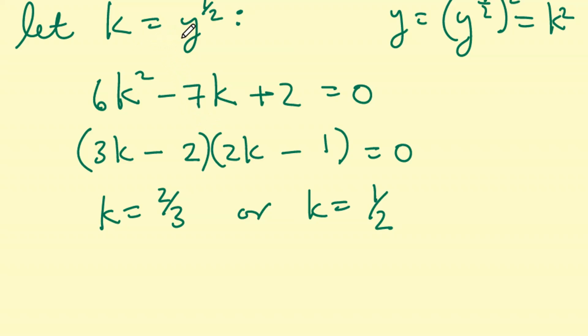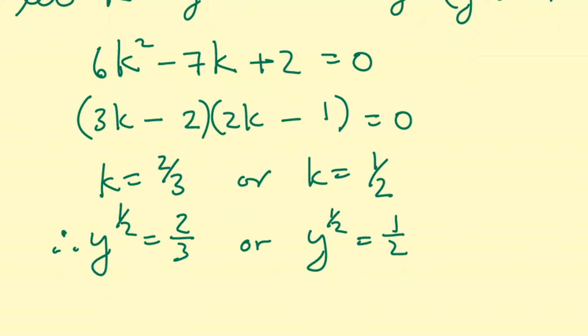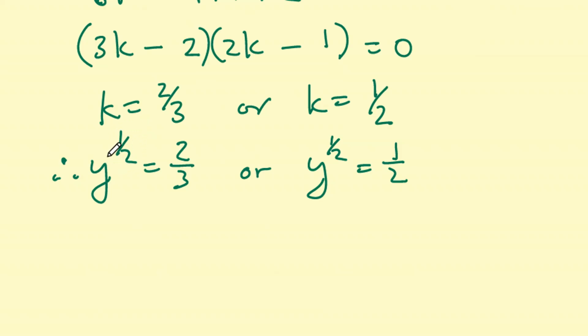Now, remember that k is y to the half. So that means that y to the power of a half equals 2/3, or y to the power of a half equals a half. We want to solve for y, so we want to get rid of the powers here. And we can do so by squaring both sides.